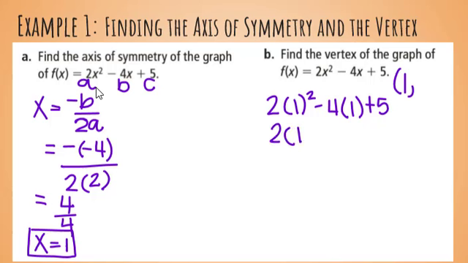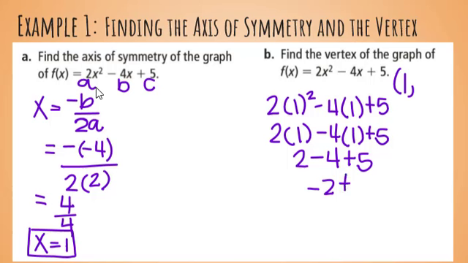So 1 squared is going to give us 1. Then we do 2 times 1, which is 2. Negative 4 times 1 is negative 4, and bring down that plus 5. 2 minus 4 is negative 2, and then negative 2 plus 5 gives us 3. So the y value of our vertex is 3, and our vertex is at the point 1, 3.